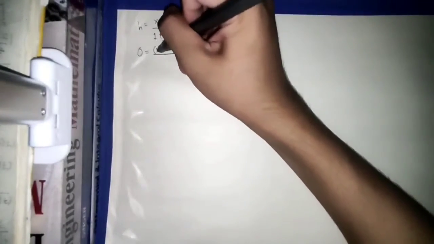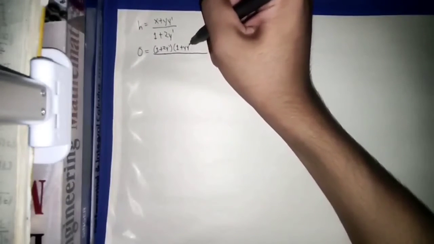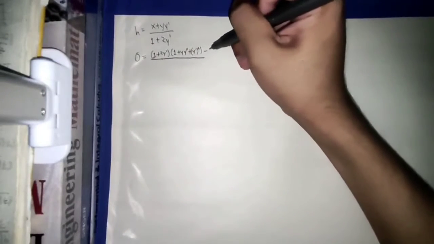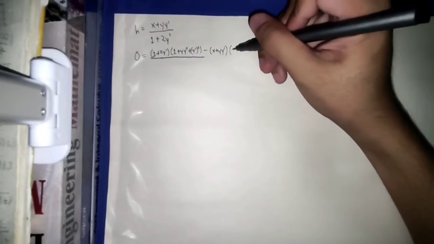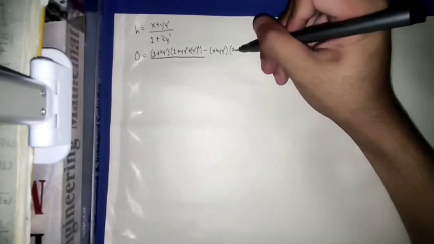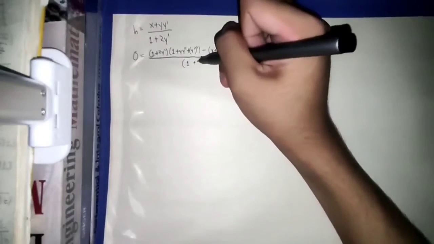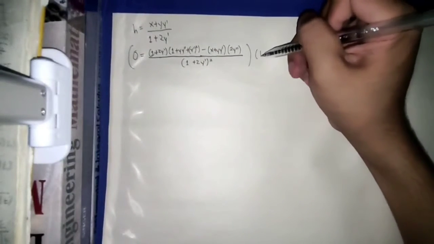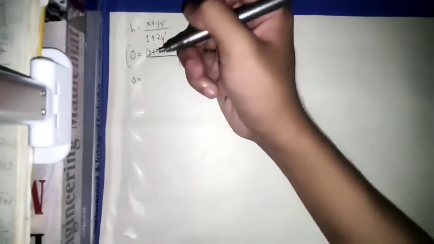We have v times the derivative of u, which is 1 + y y'' + y'², minus u times the derivative of v, which is 0 + 2y'', all over v². Now let's multiply the whole equation by (1 + 2y')², giving us 0 equals.